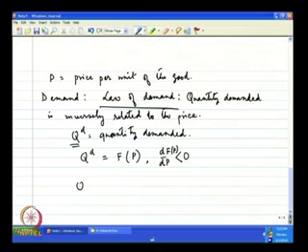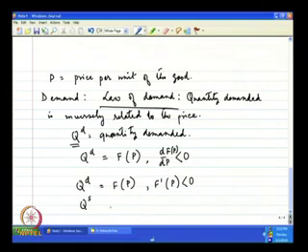One is quantity demanded, which is given by f(p), where f'(p) is less than 0, and the other is quantity supplied, which is supplied by all these producers.